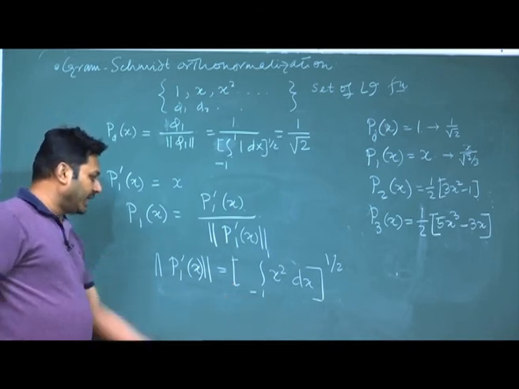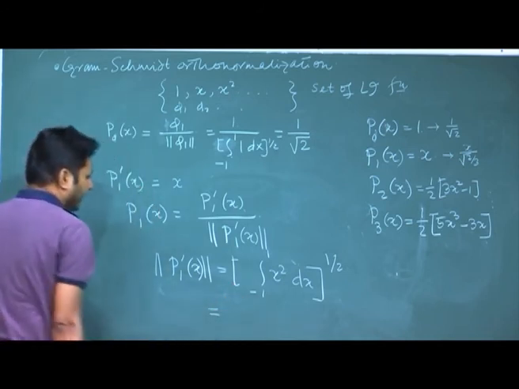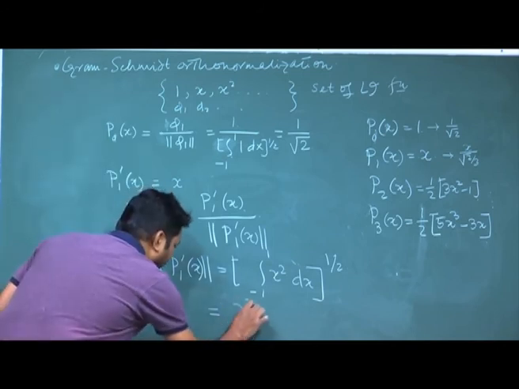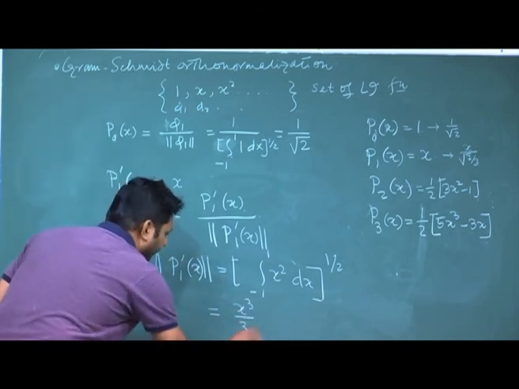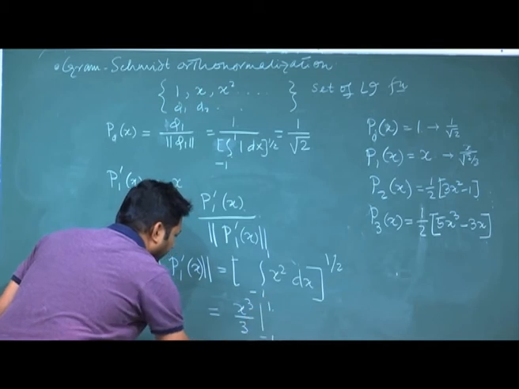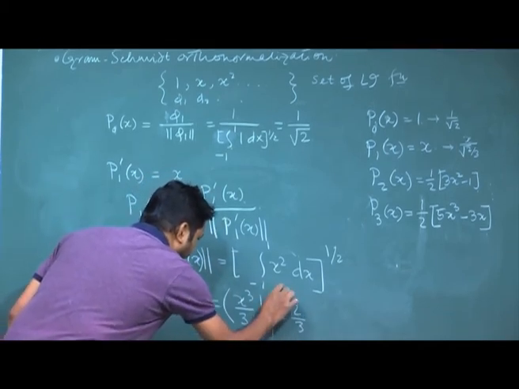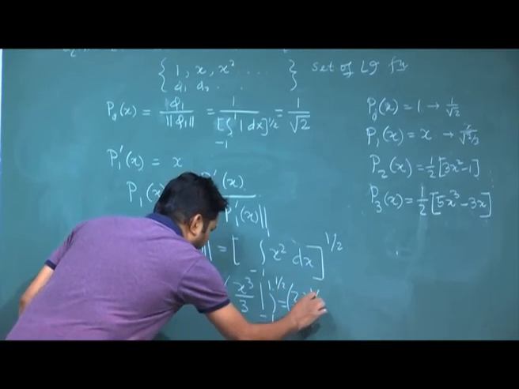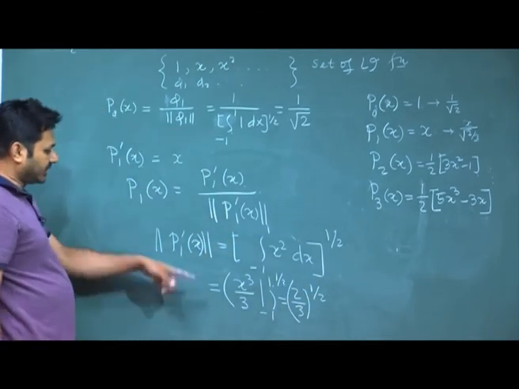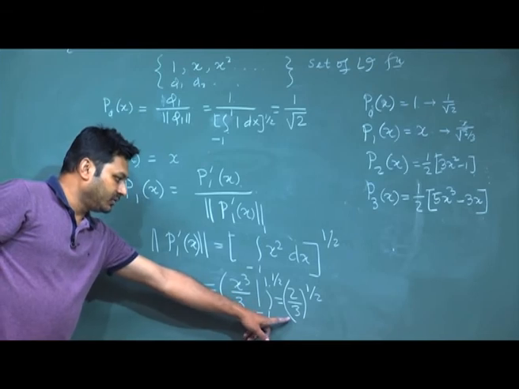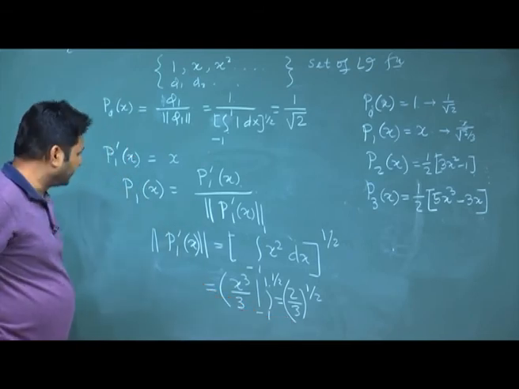Now, if I do that, it will be x cube by 3 from minus 1 to 1. So, it is nothing but 2 over 3, whole to the power half. So, my second function is normalized by root of 2 by 3.